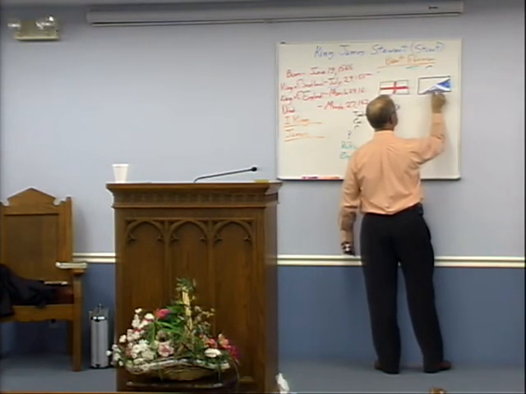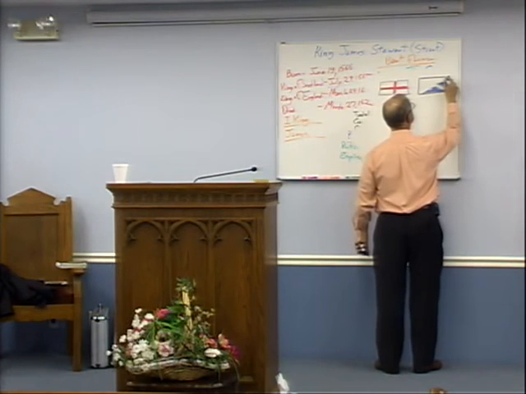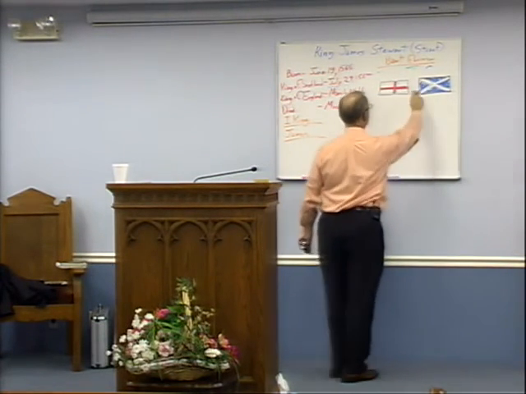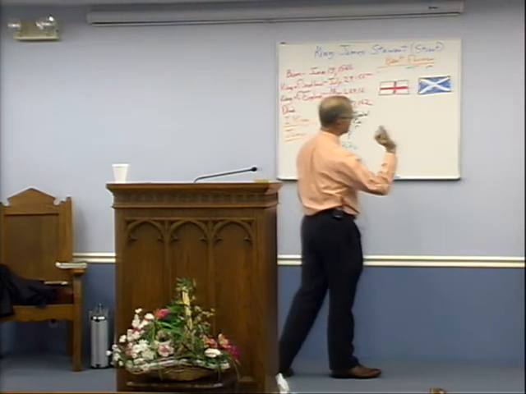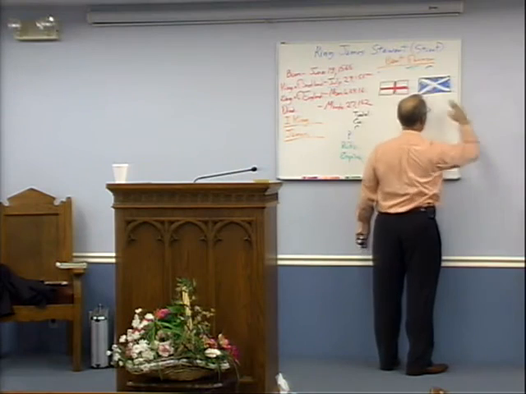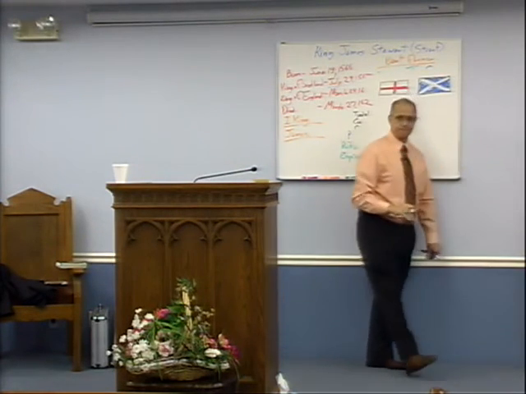Now, you say, oh, I don't believe that. Check it out. The flag of England is a white background with a red cross across it. The flag of Scotland is a dark blue background with a white X across it.